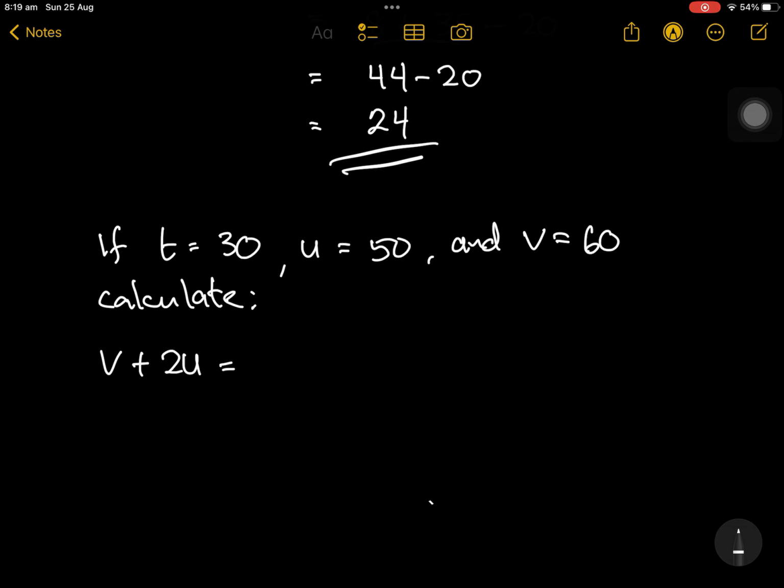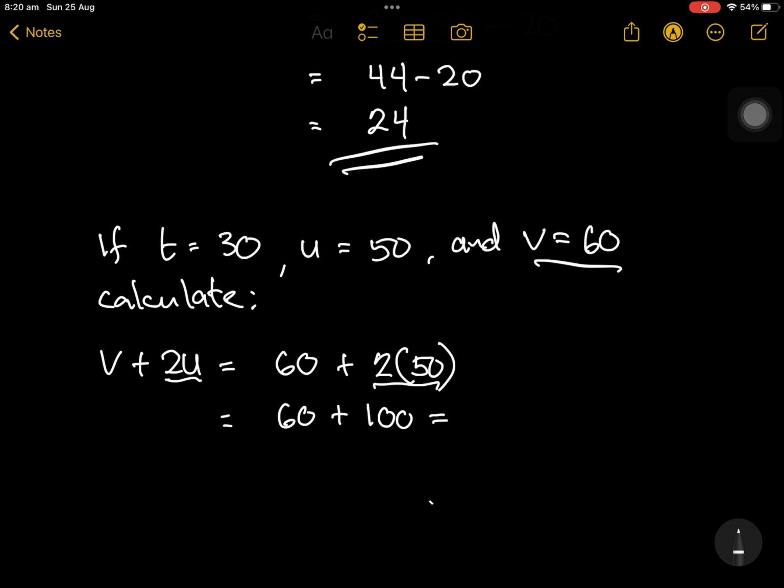Okay, so all we have to do is 60, since v is equal to 60, plus 2, substitute u by 50. Then do the multiplication first before we add to 60. So 60 plus 100, 2 times 50 is 100. So 60 plus 100 is 160.